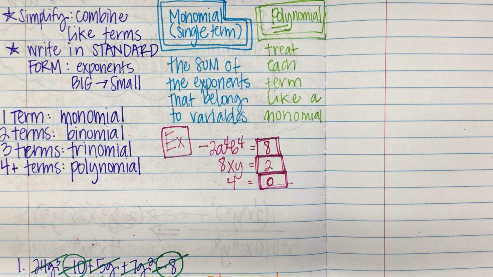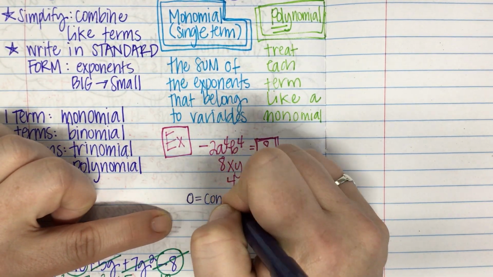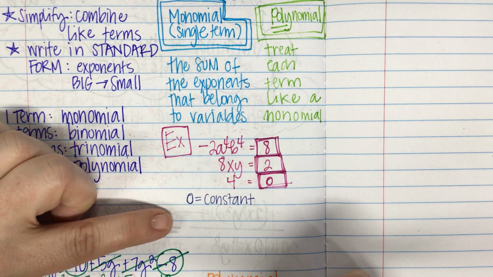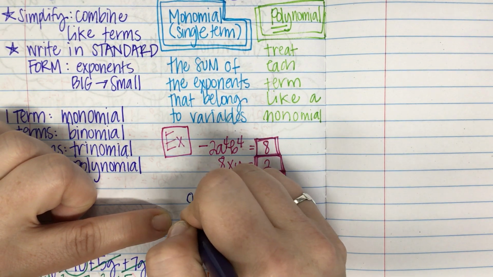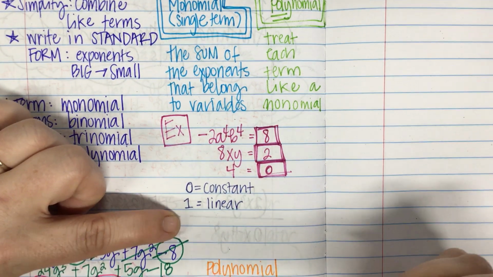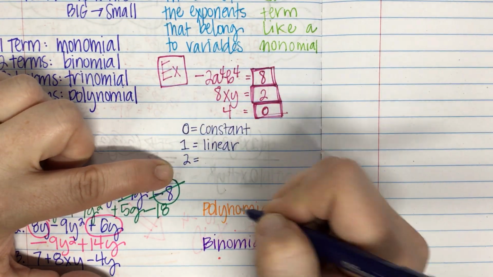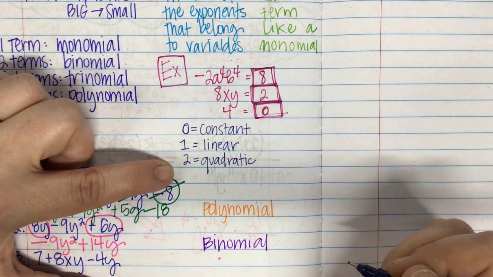There are some fancy names. Are you ready? If your highest degree is 0, it's called a constant. If your highest degree is 1, it's called linear. If your highest degree is 2, it's called quadratic.